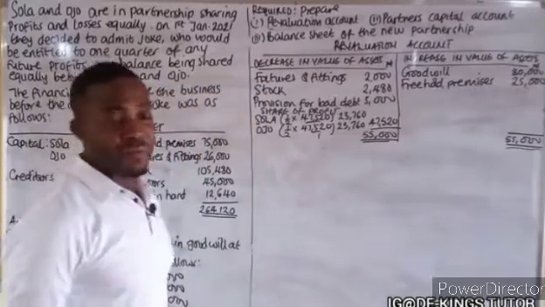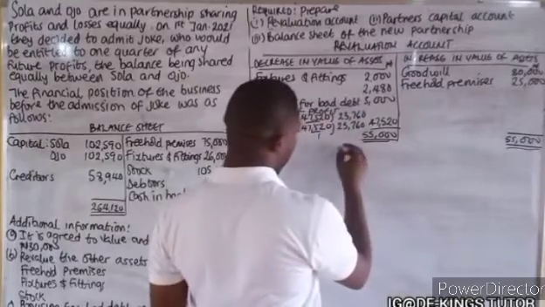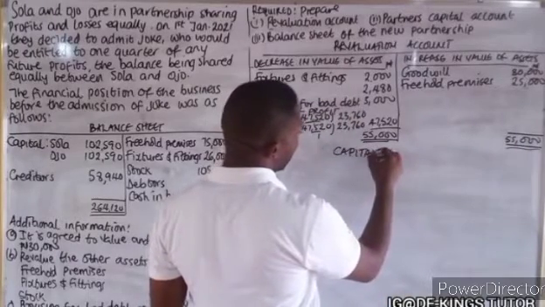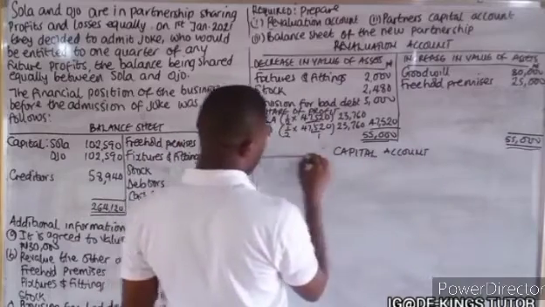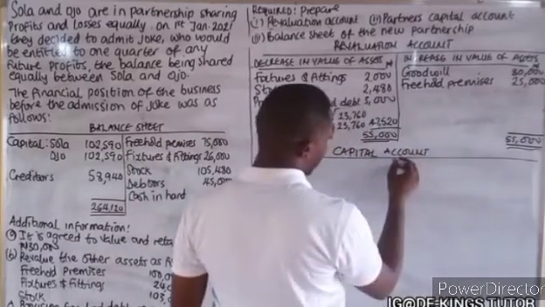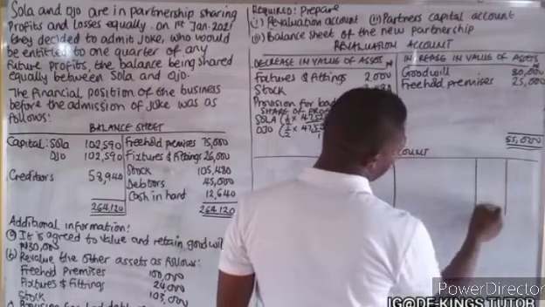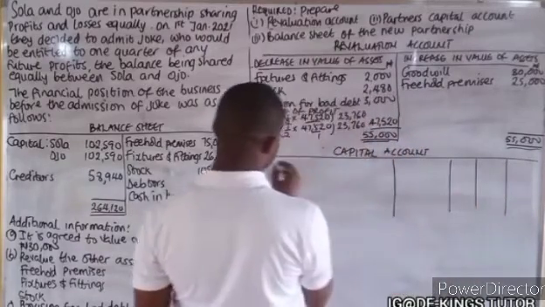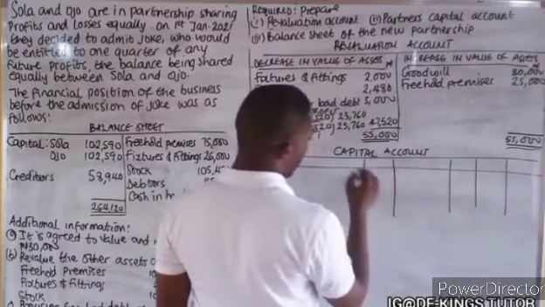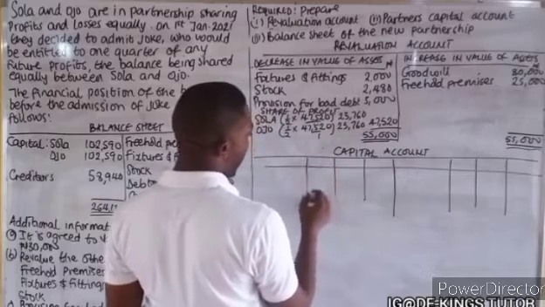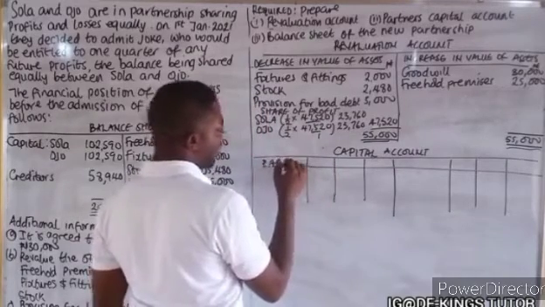So the capital account will have to reflect the capital and what they have. Okay? So we'll have here the capital account. Okay, so this will be the particulars.